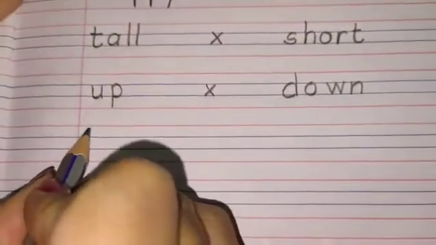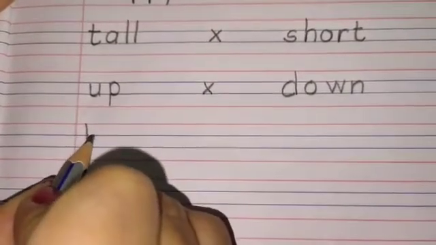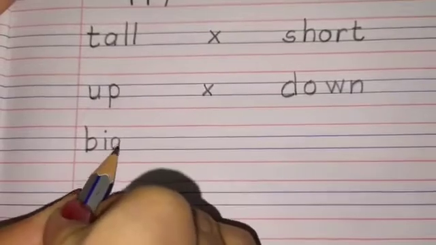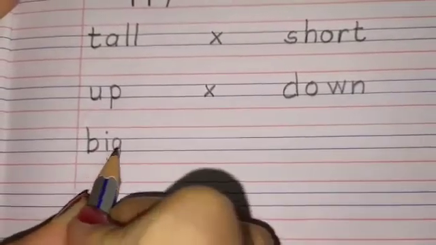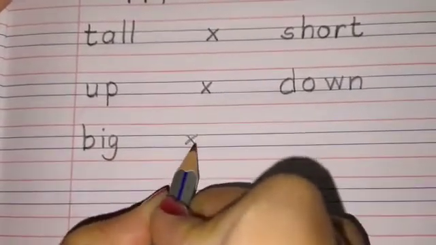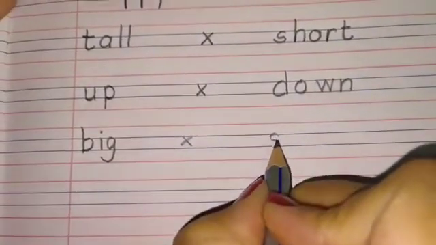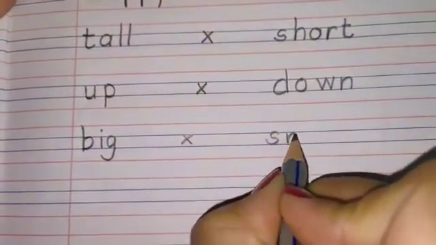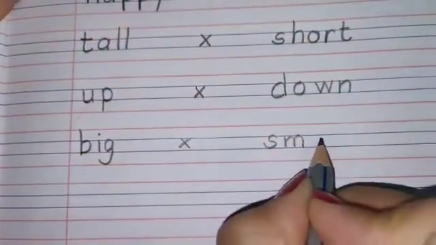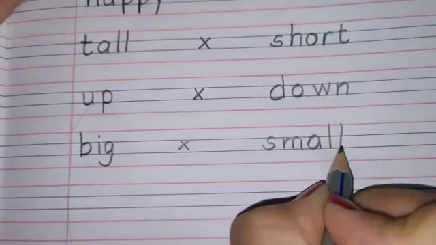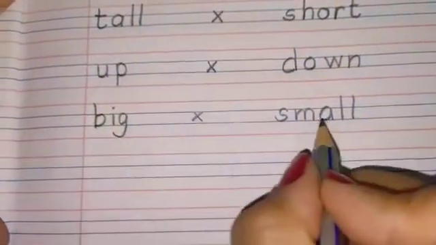Next is big. B, I, G. Big. Make a cross. And opposite of big is small. S M A L L. Big, small.